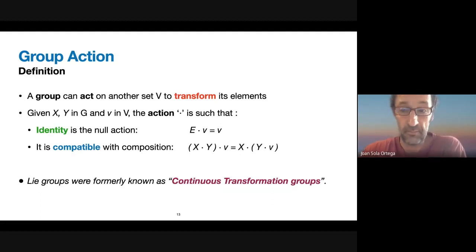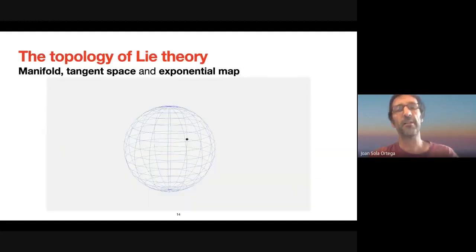Actually, this action is quite central in Lie group theory, to the point that the beginning of this theory, which dates back to the late 19th century, this is an old thing, was started with the name of continuous transformation groups. Continuous because of the manifold, and transformation groups because the notion of action was central from the very beginning of all this theory.